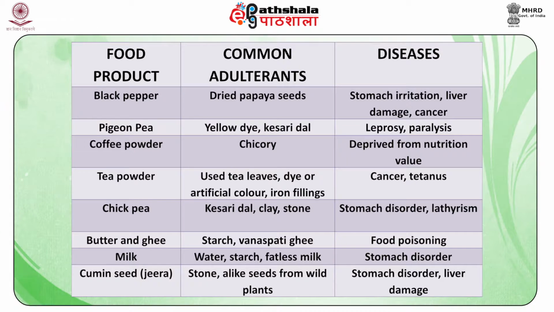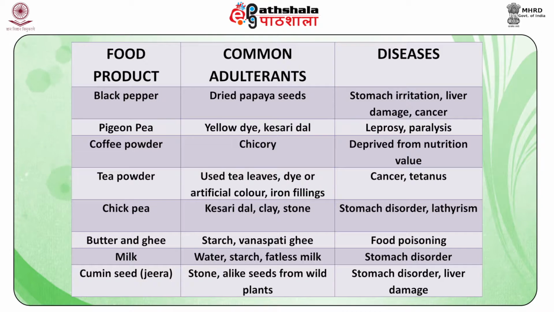For chickpea, kesari dal, clay, stone are the adulterants, and the diseases caused by them are stomach disorder and lathyrism. For butter and ghee, the adulterants are starch, vanaspati ghee, and the disease caused by them is food poisoning. For milk, water, starch, fatless milk are the adulterants, and the disease is stomach disorder.